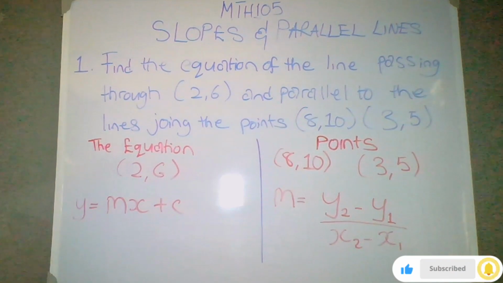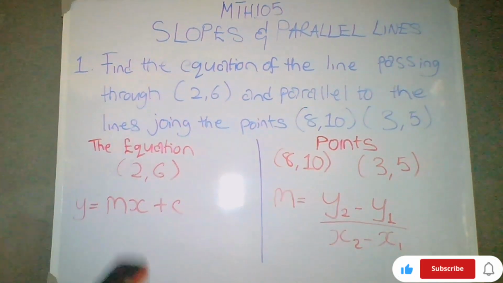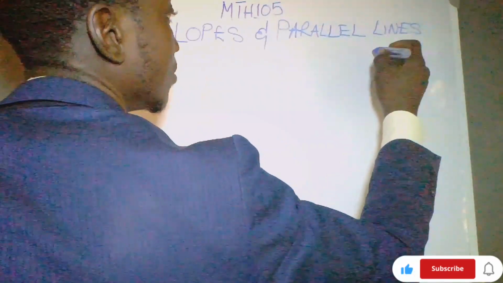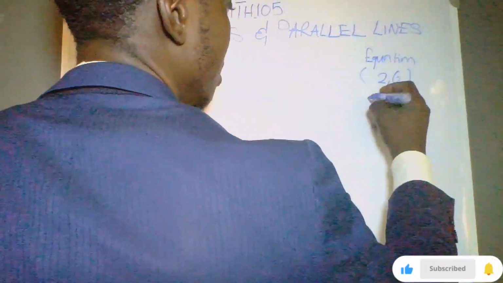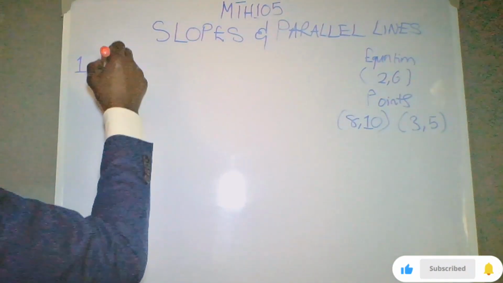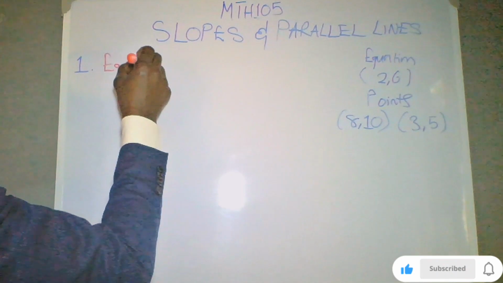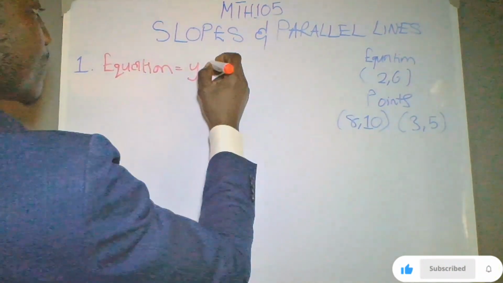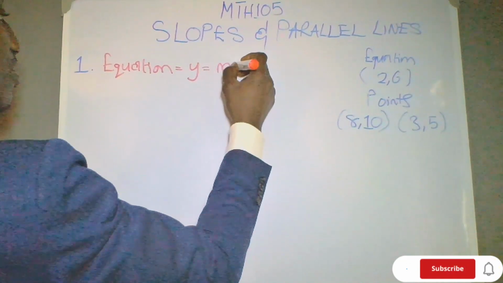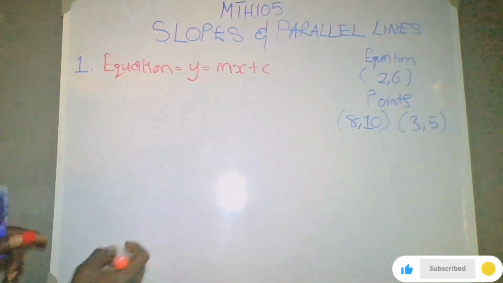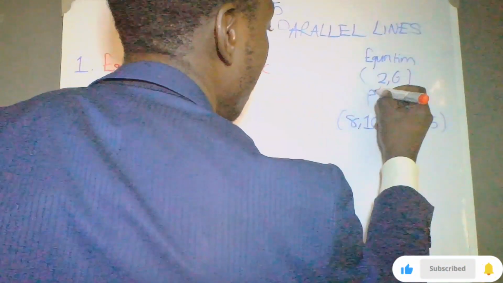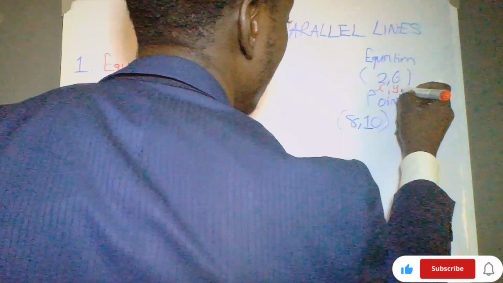So the equation is y equals mx plus c. Then we can say x1 and y1.